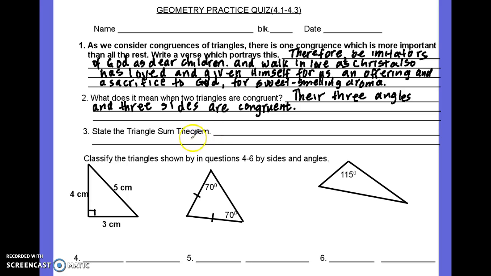And here's one you're going to be using a lot. Number 3, state the triangle sum theorem. Triangle, so it has to do with triangle, and it's sum, so we're talking about a sum. And I can just hear someone saying it right now. What does it say? The sum.